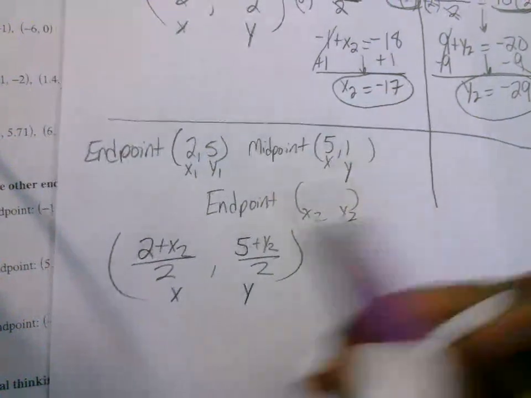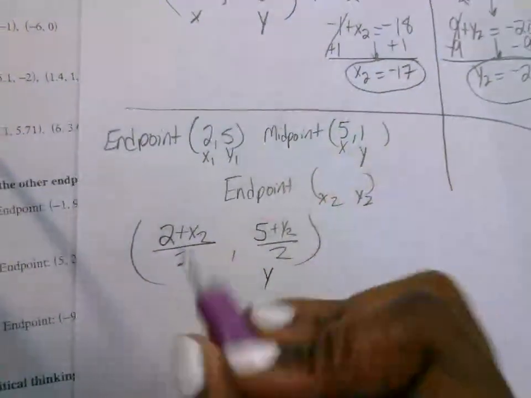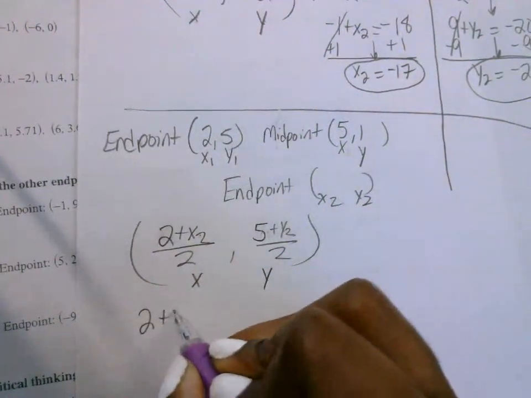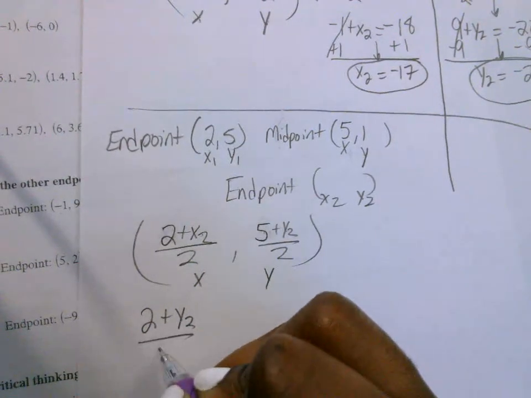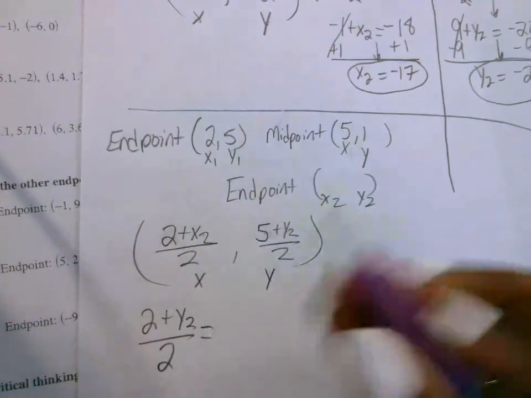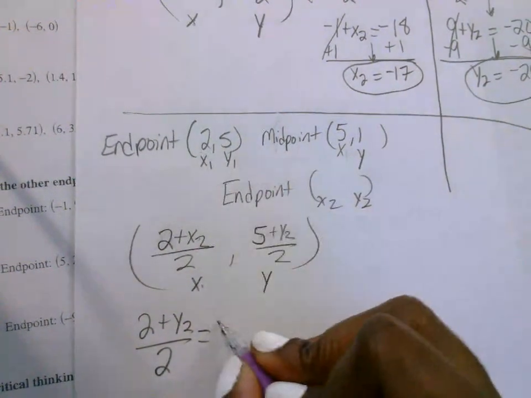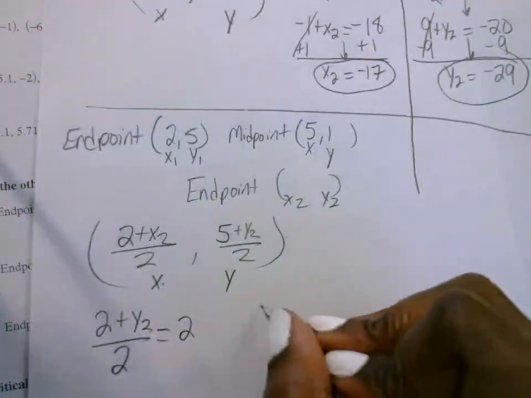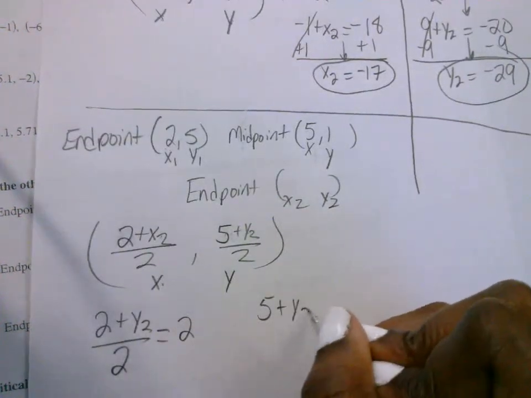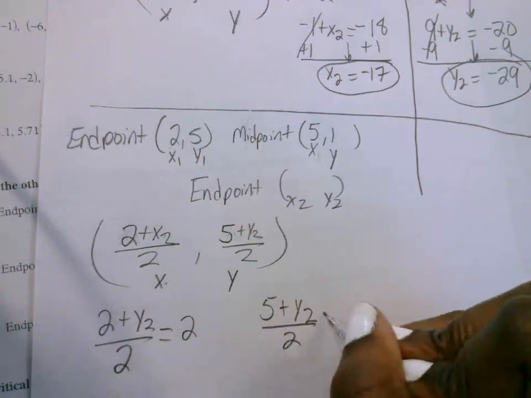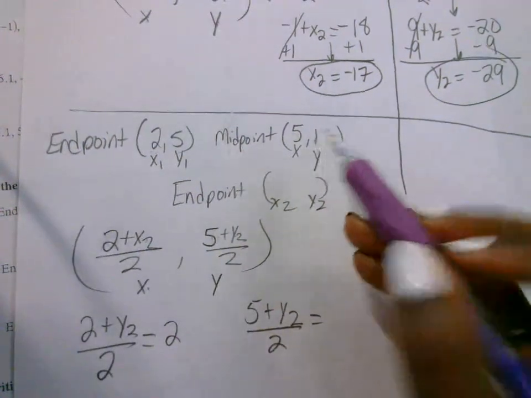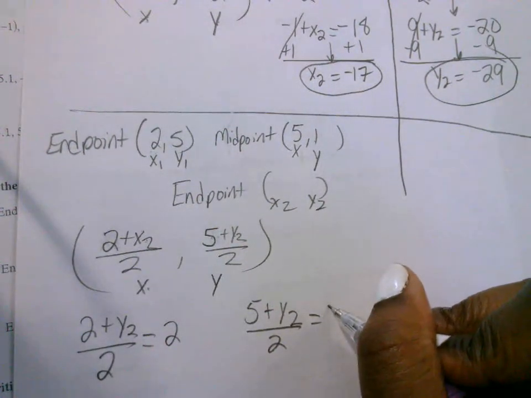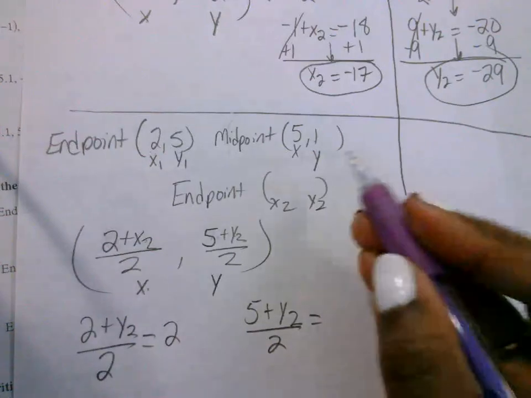So now, in order to find the x2, we got, which is equal to the x coordinate 2. And we got this, which is equal to the y coordinate. What's the y coordinate for the midpoint? 1.